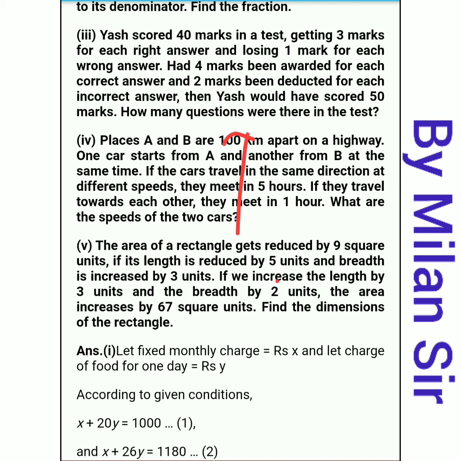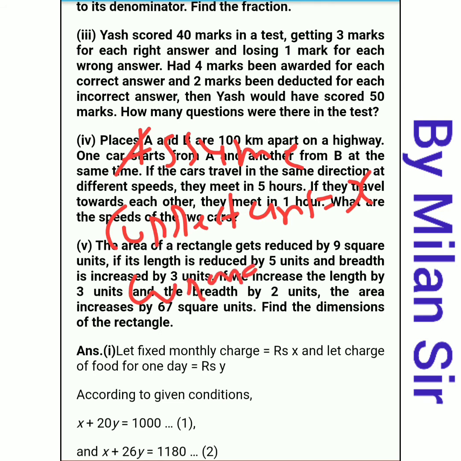So assume our two variables: the number of correct answers is equal to x, and the number of wrong, otherwise incorrect, answers is equal to y. So the total number of questions is equal to x plus y.